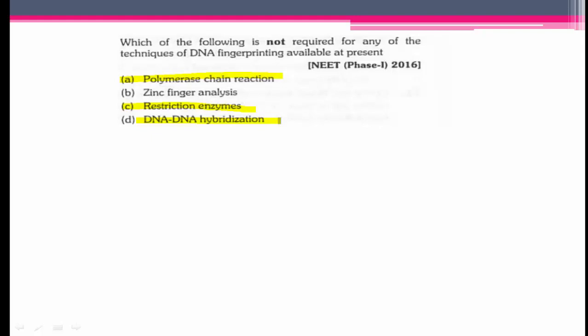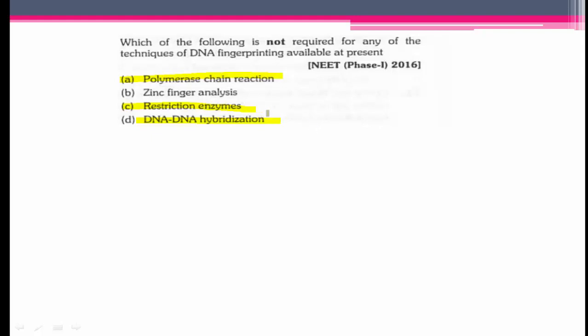That single stranded DNA is transferred to a nitrocellulose sheet, which is called Southern blotting. After Southern blotting, to identify the VNTR, the single stranded sample DNA is hybridized with the probe DNA, which is a single stranded artificially synthesized DNA molecule containing radioactive label.